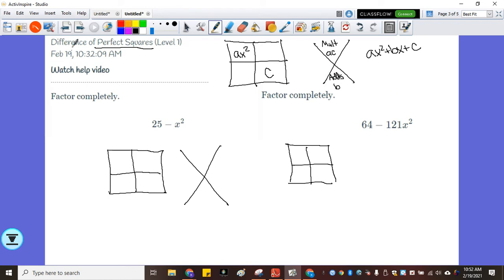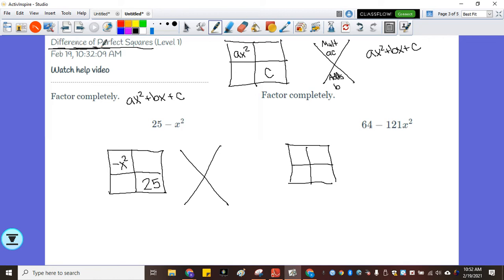And for difference of squares, you have ax squared plus bx plus c. Ax is negative x squared. C is always just the constant, just the number.